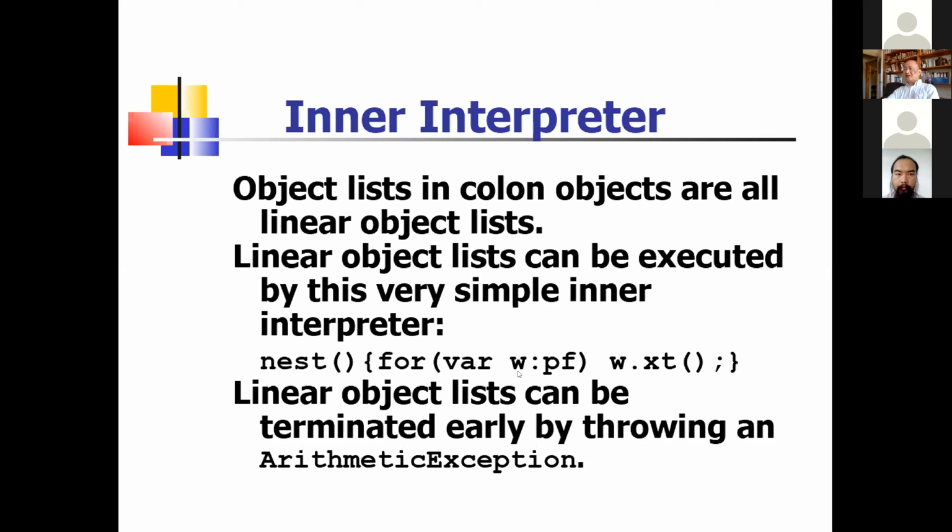And for the exit, we use the exit object to terminate the object list. The mechanism is to call an exception, and the exception would be caught by the catch phrase inside the nest.